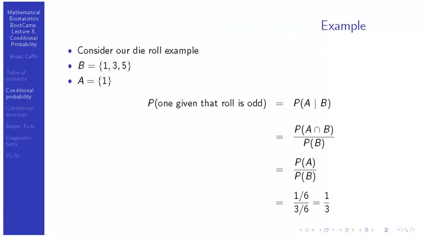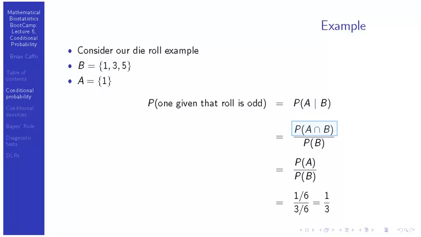So let's just work through the formula given our example with the die roll just to convince ourselves that it's actually working. We want the probability of a 1 given that the die roll is odd. So in this case, B is a 1, 3, or a 5. A is just a 1. So the probability of A given that B has occurred is the probability of the intersection.